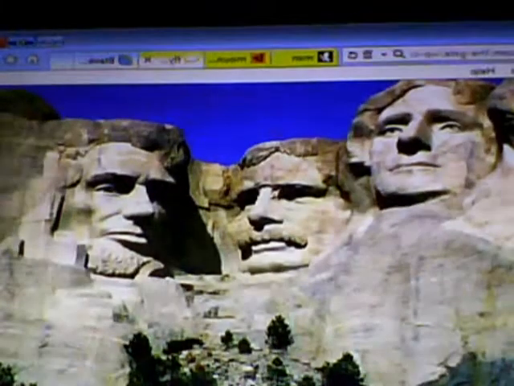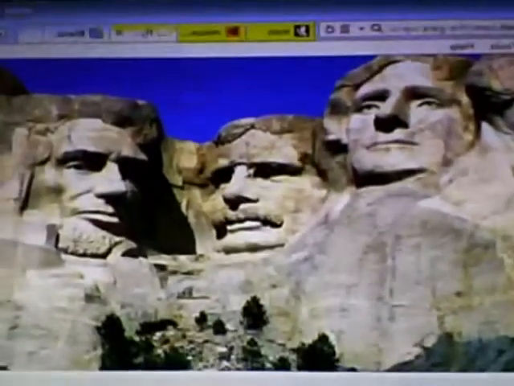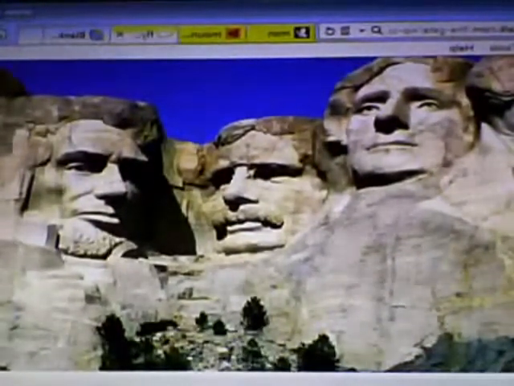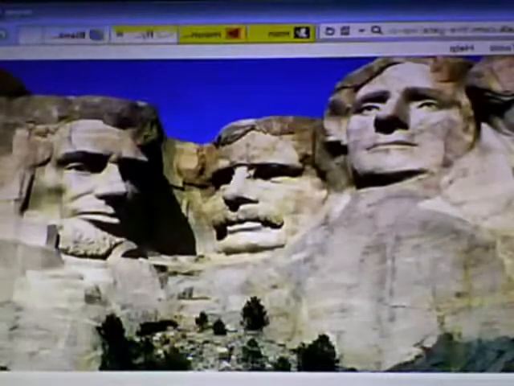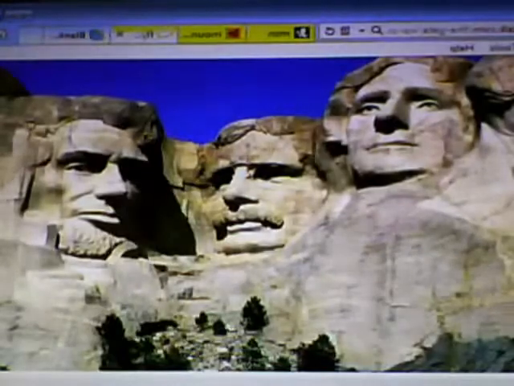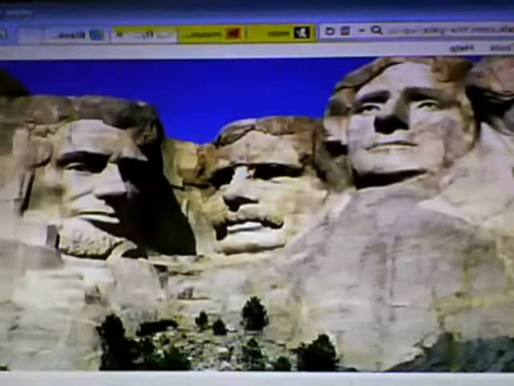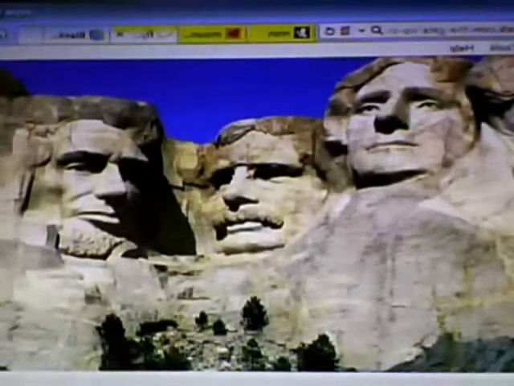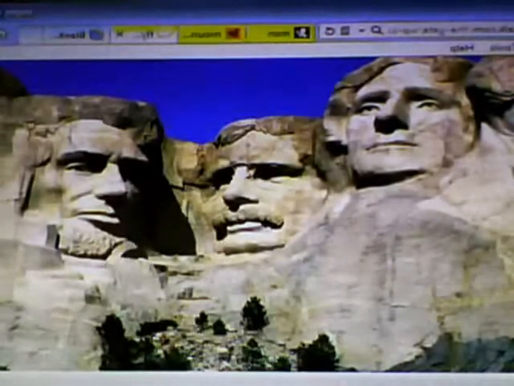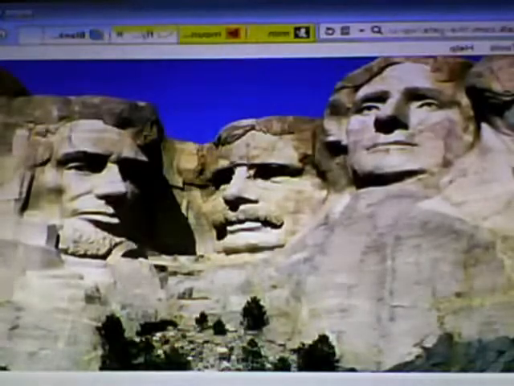Another thing that I found out is that Booth, when he was running out of there, he stated something, and I looked the word up. When he jumped down from the booth where he shot Abraham Lincoln, he shouted "Sic semper tyrannus, sic semper tyrannus."